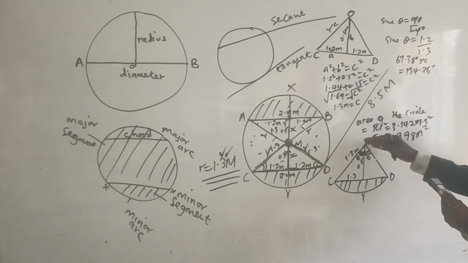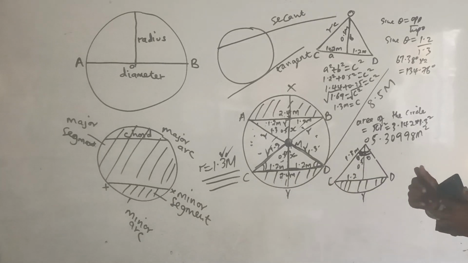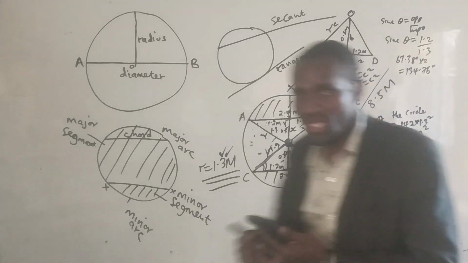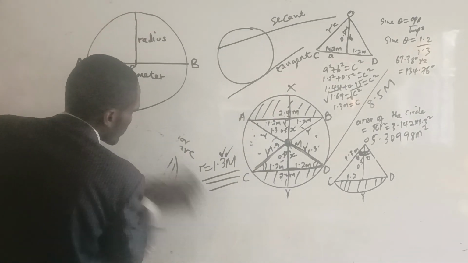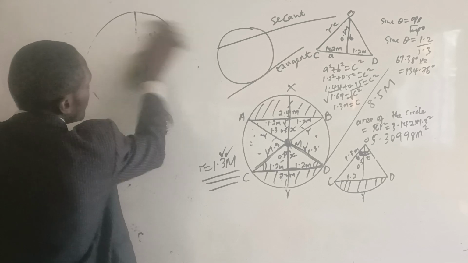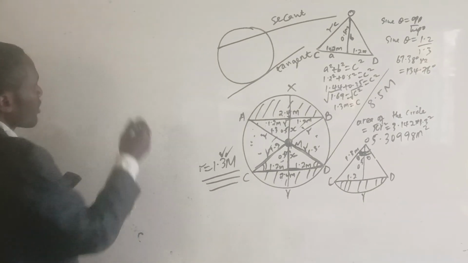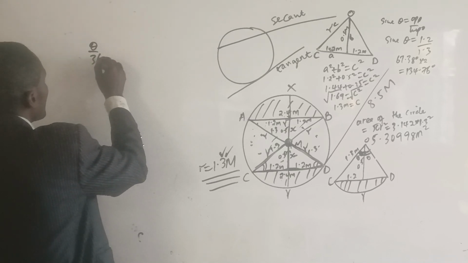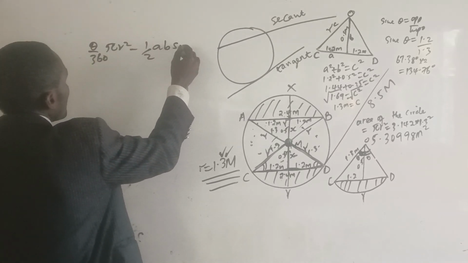So let's get the area of the whole sector and then the area of this triangle. Remember this part was cut off from this circular part. So we shall have the area of the whole sector, theta over 360 pi r squared, minus a half AB sine theta.